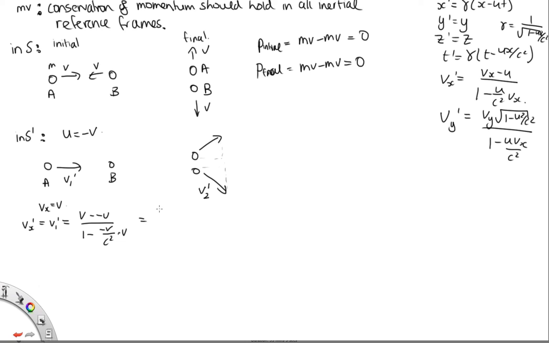So this is equal to 2v over 1 plus v squared on c squared. And so the momentum, P initial, is just equal to m v1 prime. So this is 2mv over 1 plus v squared on c squared. Now what we're going to do is calculate the final momentum.